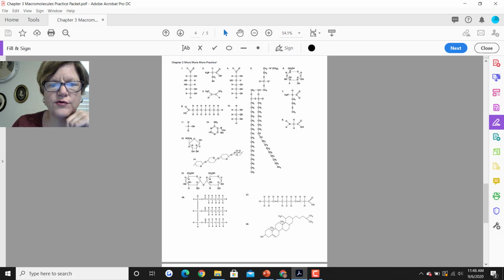Remember, hexagons are a giveaway for glucose. So it's a bunch of hexagons in a chain, so that's a polysaccharide, a short snippet of one. 15 is a disaccharide. And 18 is cholesterol. I'm not going to make you identify cholesterol, though.